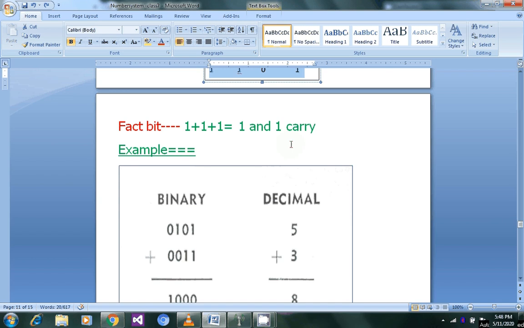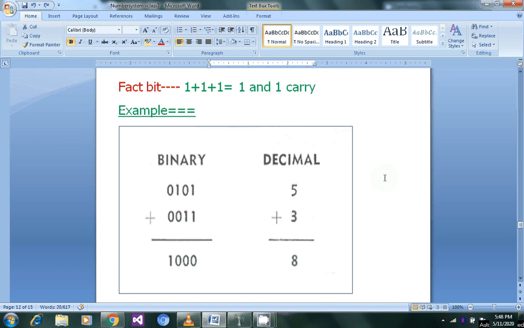So all of you see here an example of binary addition. The first binary number is 5, that is the decimal version of the binary number 0101, and the next decimal number is 3, whose binary conversion is 0011.